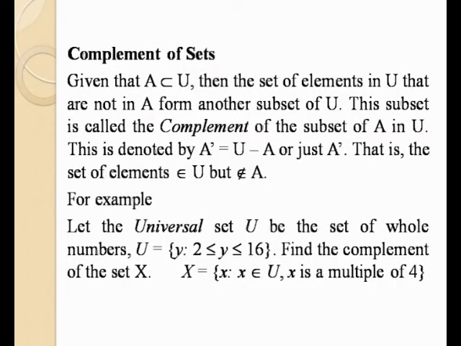That is, given that A is a subset of U, then the set of elements in U that are not in A forms a subset of U. This subset is called the complement of the subset A in U. This is denoted by A', or you can just say A with a superscript C.